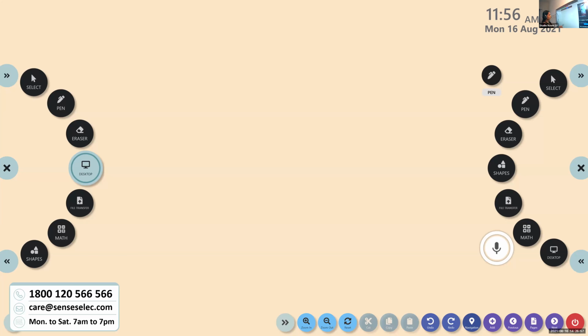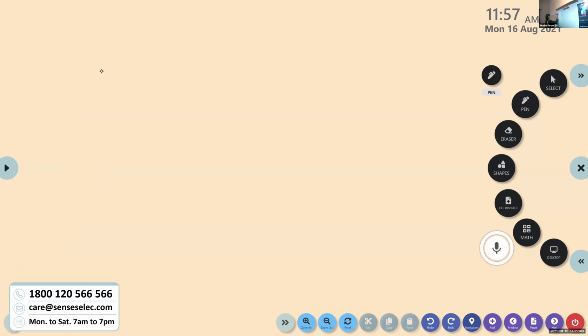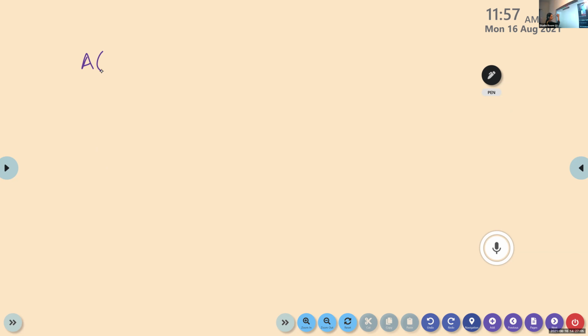Show that the points A (3, 5), B (6, 0), C (1, -3), and D (-2, 2) are the vertices of a square.